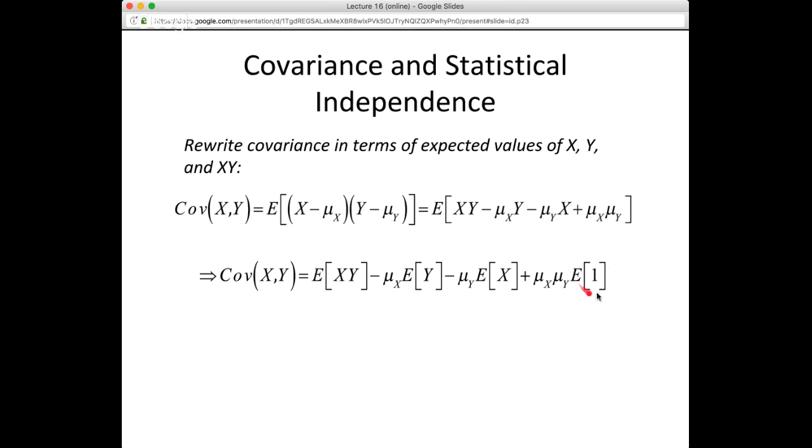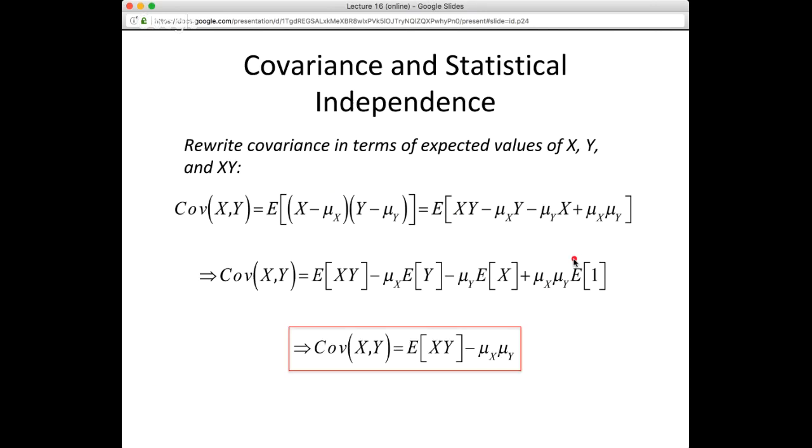And of course, the expected value of 1 is just the zeroth moment of the PDF or PMF, which by definition is going to be unity. And so when you work all this out, basically what you end up with, because we end up with minus 2 mu x mu y plus mu x mu y.